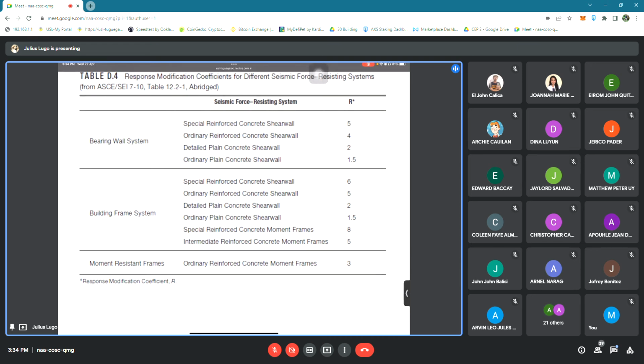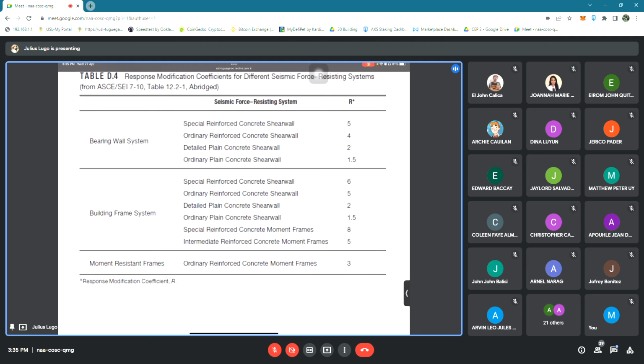Lahat yung nasa category 4 classification is actually under the special reinforced concrete moment frame. Okay?